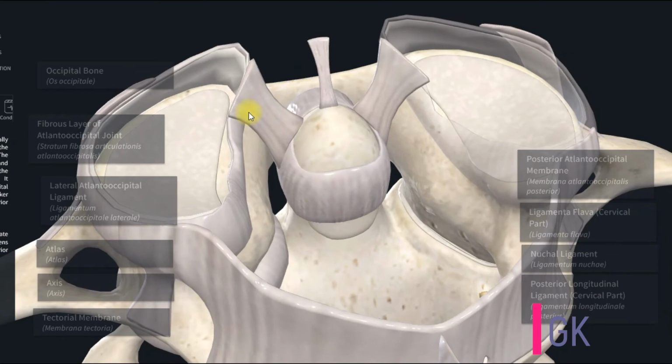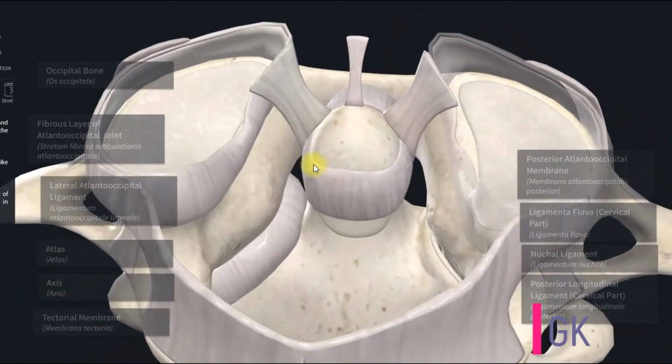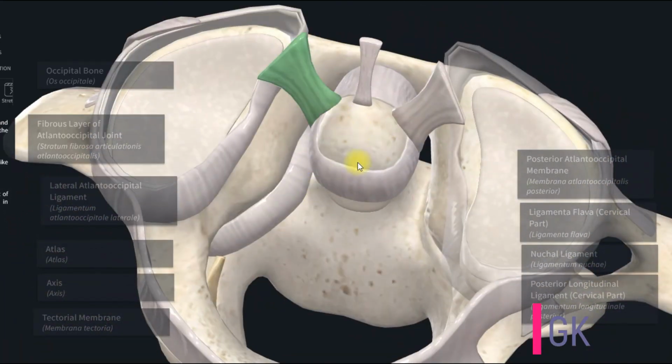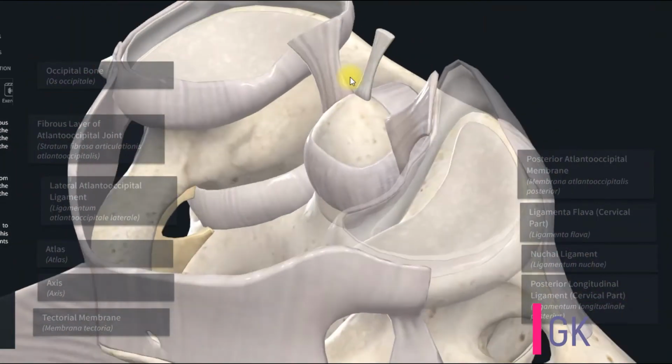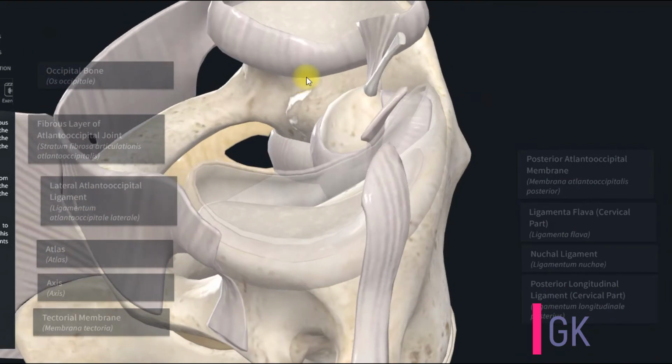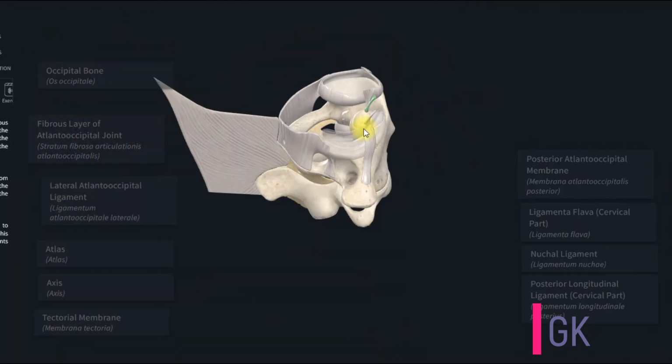Below it, you will see the alar ligament, between the tooth-like process, the dens of the epistropheus, and the occipital bone, and the apical ligament of the dens between the apex and the occipital bone. All these ligaments form one link for the movement of the head, together with movements of the cervical division of the vertebral column.